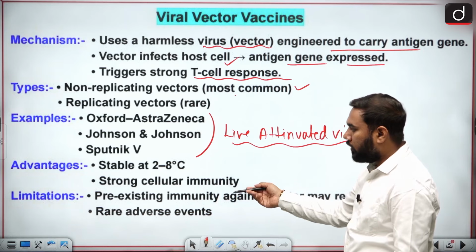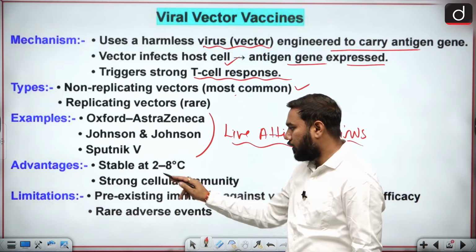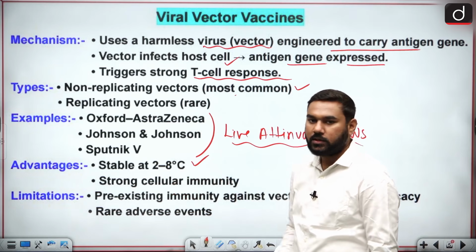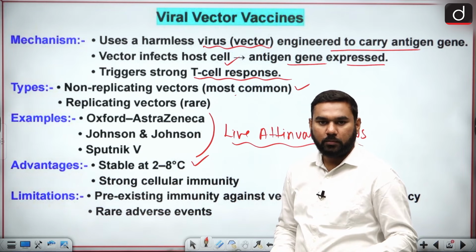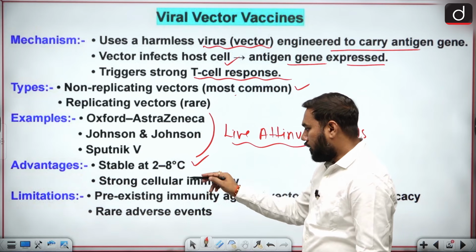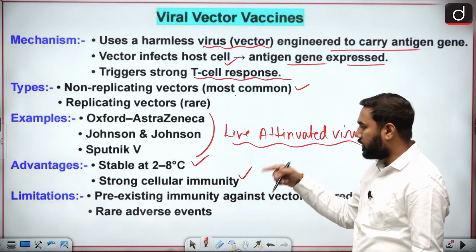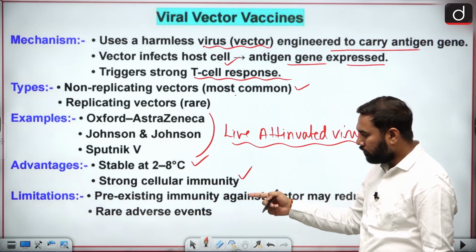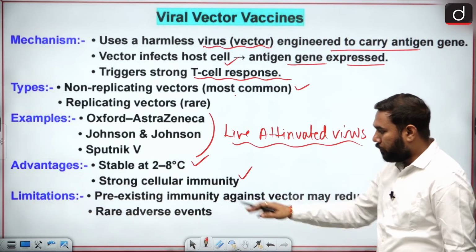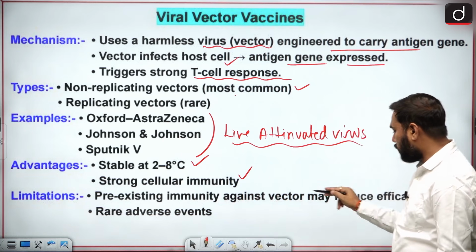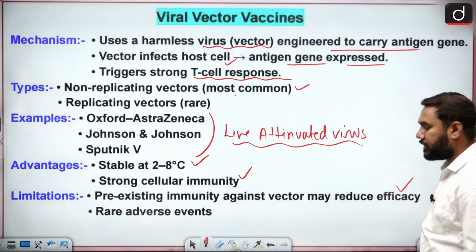When we talk about the advantage, this can be stable between 2 to 8 degrees Celsius. So low temperature is needed, but a normal one. And it gives strong cellular immunity, because your immune system can fight against a live virus. There is a limitation: pre-existing immunity against the vector may reduce the efficiency.